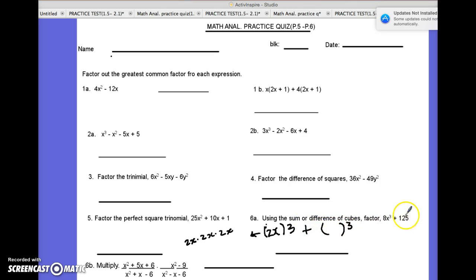Over here, you've got to figure out what cubed would give you 125, and it's 5 cubed, because 5 times 5 times 5 is 125.